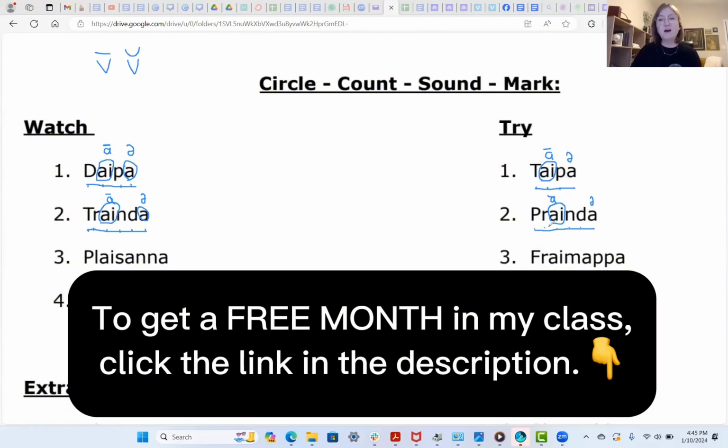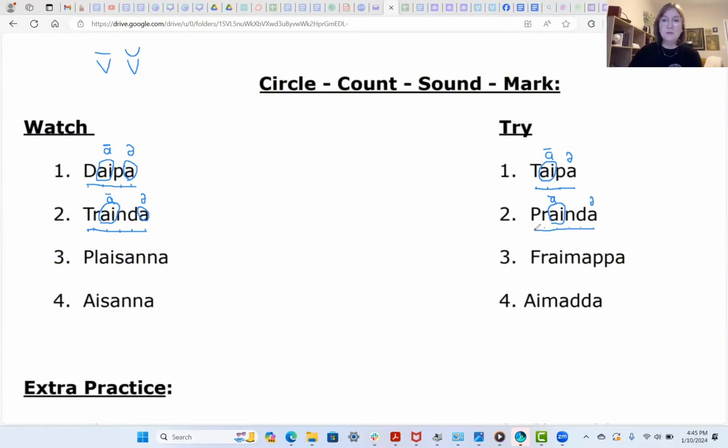Okay, so we know this AI is going to say A, that's our reading rule for the day. A's at the end say "uh." So if we've got those vowels figured out, then the rest will be easier for our brain to read. So the sounds are P, R, A, N, D. I'm going to do that slower.